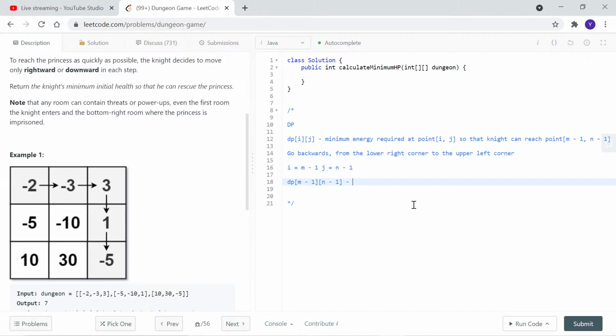Because of this, we need to have the energy at this cell larger than or equal to 1. So we need to have this equation larger than or equal to 1.